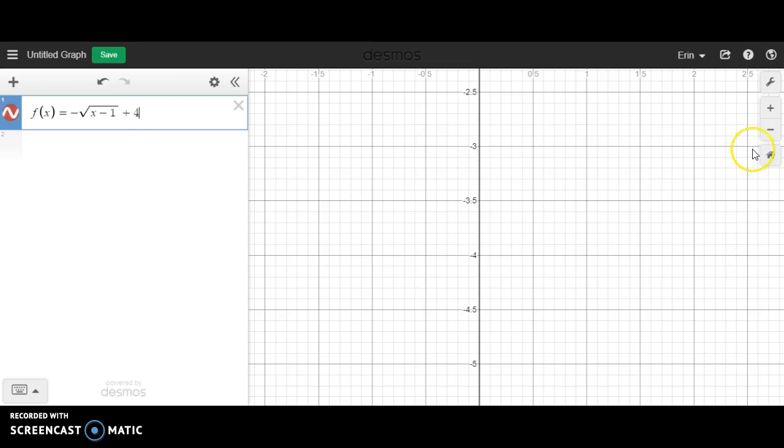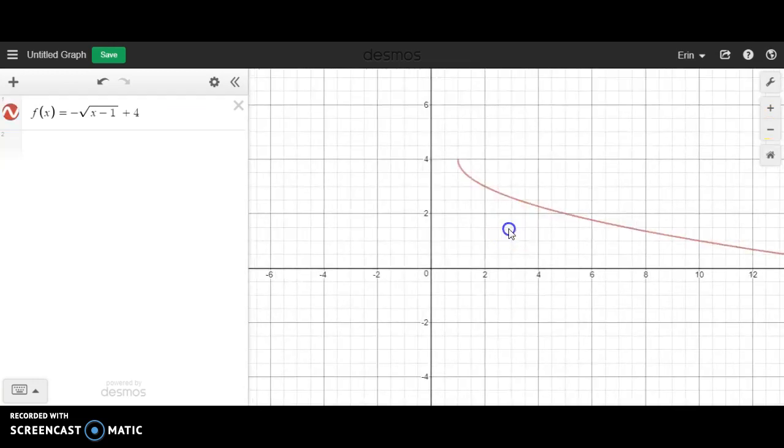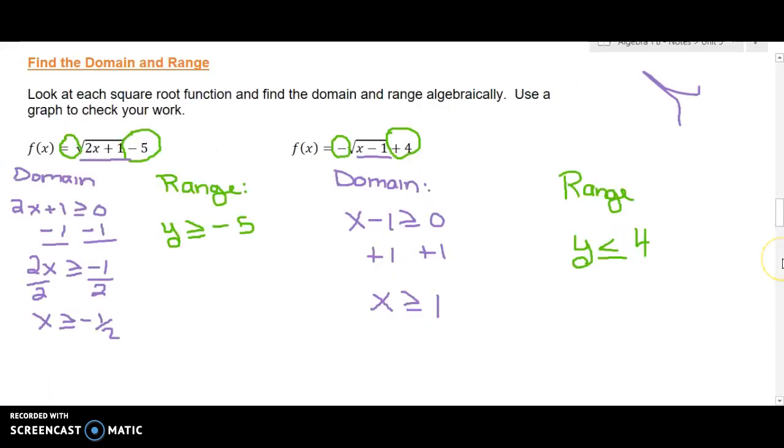I'm going to set this home, and we see that in this case my x value is 1, and it's getting larger positively, so x is greater than or equal to 1. Now my y value is at 4, which is what we said, and this graph has kind of flipped. It is the bottom half, so we say that my range is y is less than or equal to 4. Let's go ahead and explore those graphs a little more.